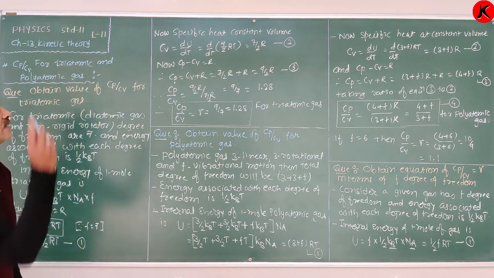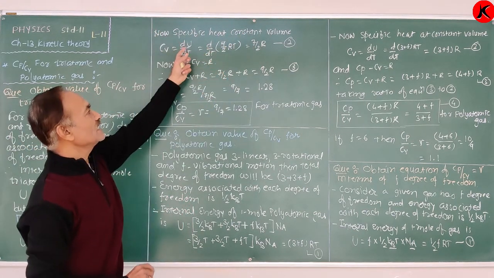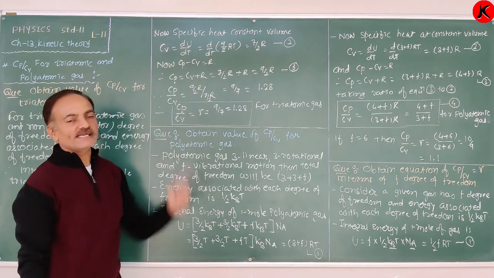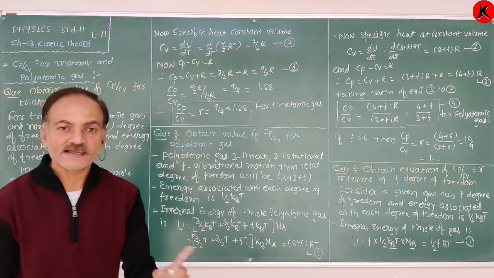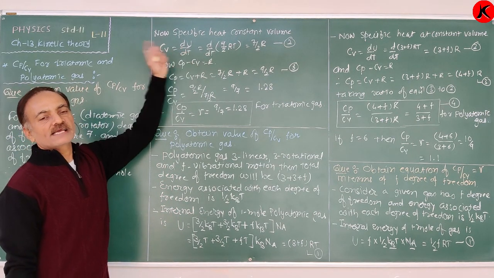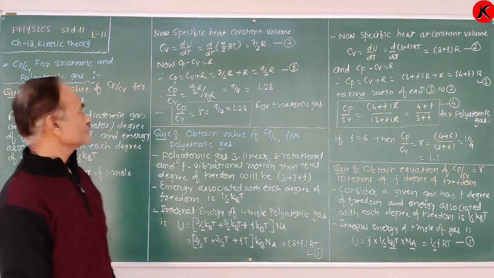From the definition of the specific heat at constant volume, Cv is equal to dU by dT. The meaning of dU by dT is the change in internal energy with change in temperature.